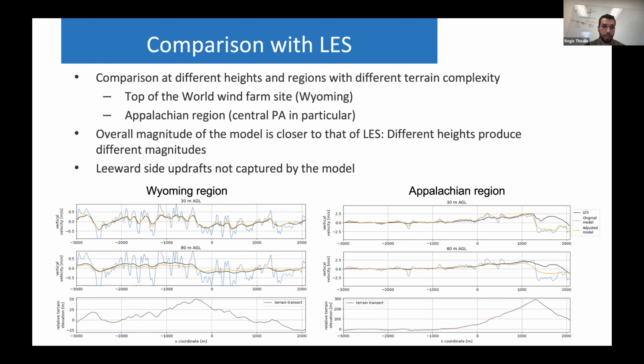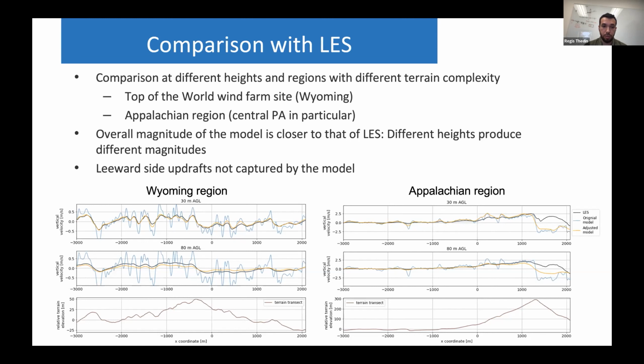Looking at the Wyoming part first, the original model, shown in blue, overestimates and underestimates as compared to the LES shown in black, and we are taking the LES here as the truth. We adjust using all those corrections that I mentioned, and we get a fairly good match. The same thing for 80 meters above ground level.